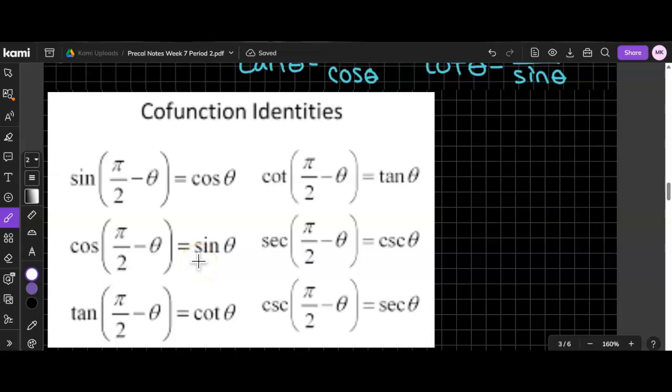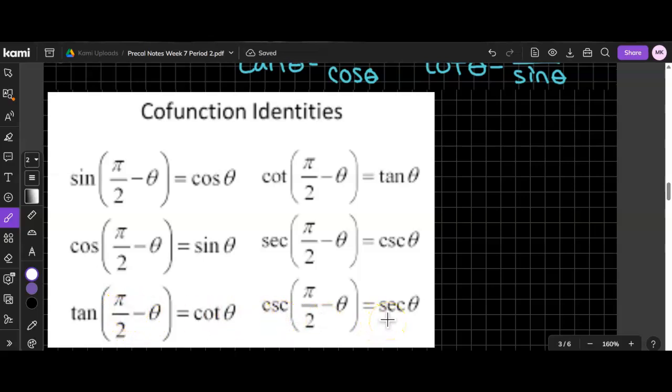And that does mean, because secant and cosecant are the reciprocals of sine and cosine, if you take secant and subtract its angle from 90 degrees, that is the equivalent of cosecant. Same thing for tangent to cotangent, right? Just like you can take cotangent and subtract its angle from 90 degrees and rewrite that as tangent, you can do that for tangent by subtracting theta from 90 degrees.